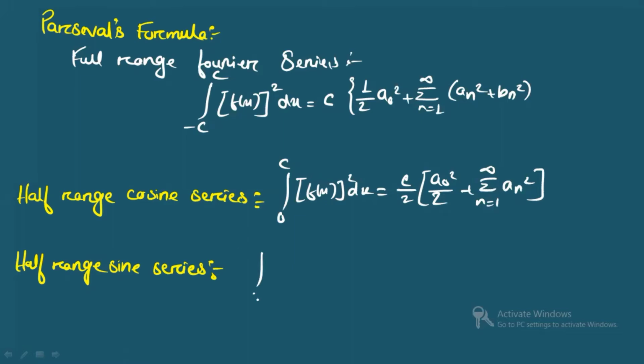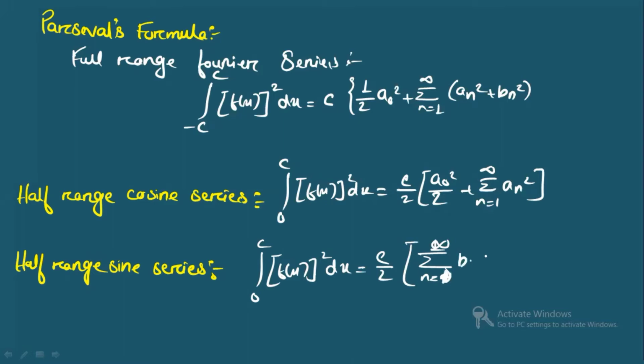Similarly, for the sine series, you will have 0 to c as the limit, the function square dx is equal to c by 2 times summation n equals 1 to infinity bn square. So for sine you will have bn, for cos you will have a naught and an. These are the formulas that you will have to remember.